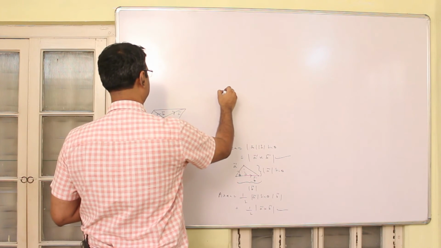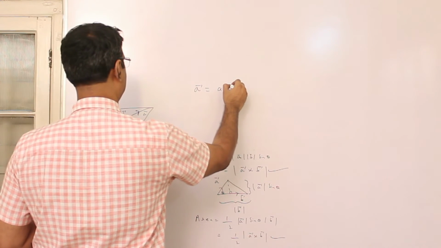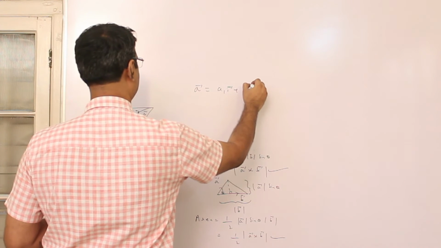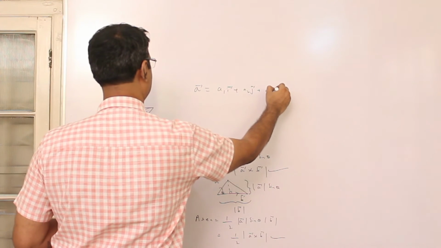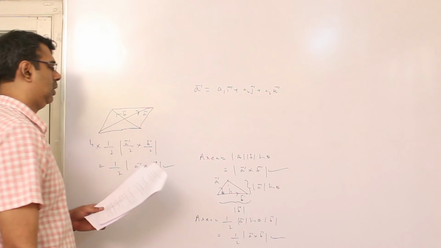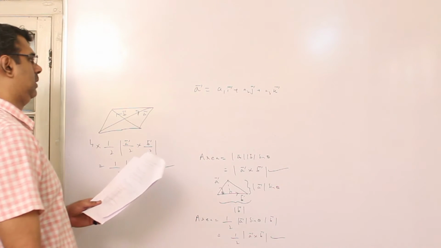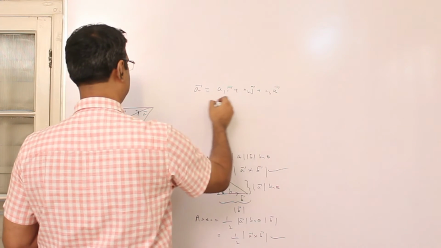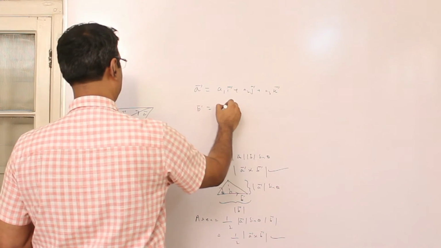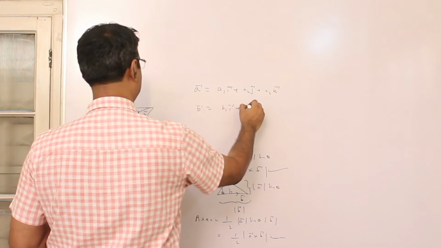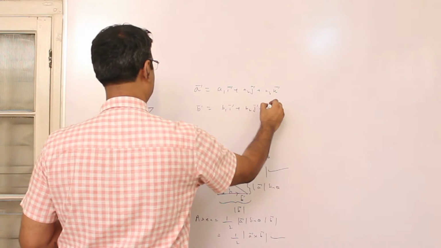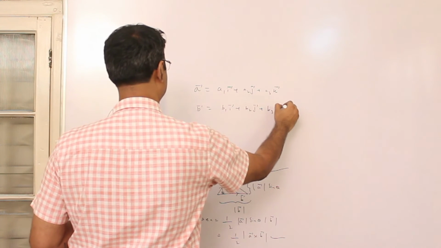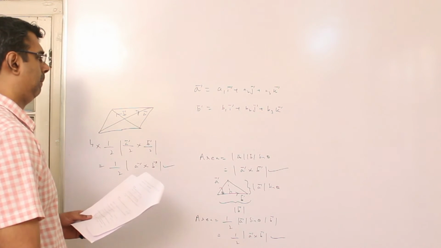Suppose A and B are in orthogonal triad form, suppose vector A is A1 i plus A2 j plus A3 k and vector B is B1 i plus B2 j plus B3 k.